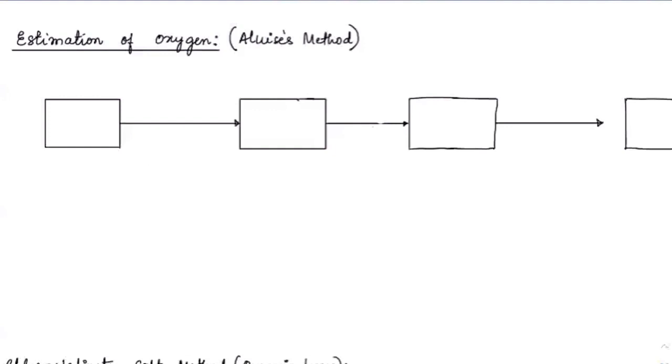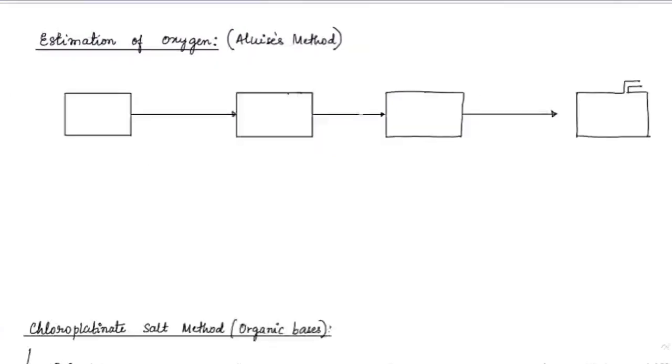For estimation of oxygen, we don't call it Carius method. This is Aluise's method. Here we take an organic compound of W grams, heating that in the presence of nitrogen atmosphere.